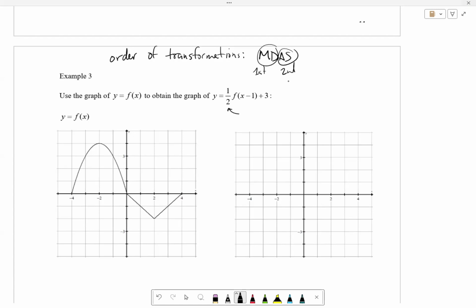The 1/2? Can you show me what it is? It's outside, so it is a vertical compression by a factor of 1/2.